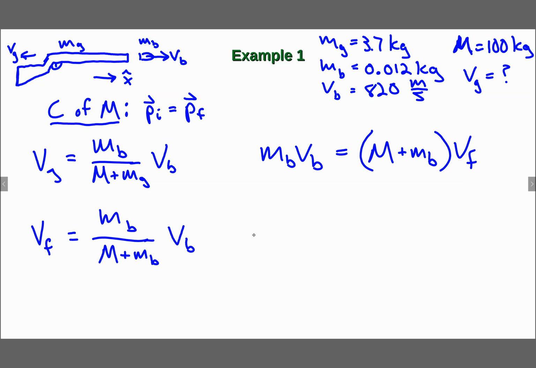Now remember this VG, we called it the velocity of the gun before, but now the G can be good guy. So the velocity of the good guy is the mass of the bullet divided by the mass of the good guy plus the mass of the gun, times the velocity. The velocity of the bad guy after this collision is the mass of the bullet divided by the mass of the bad guy plus the mass of the bullet, times the velocity of the bullet.